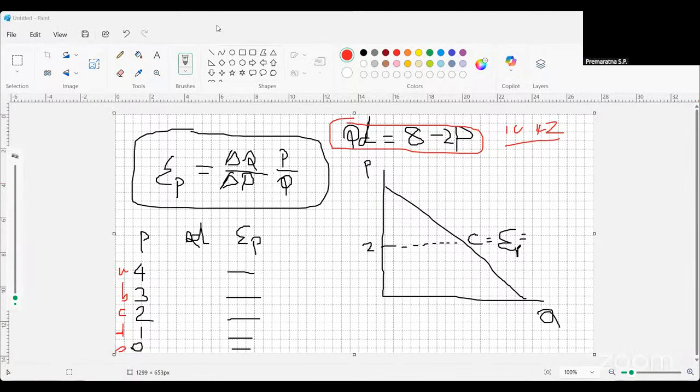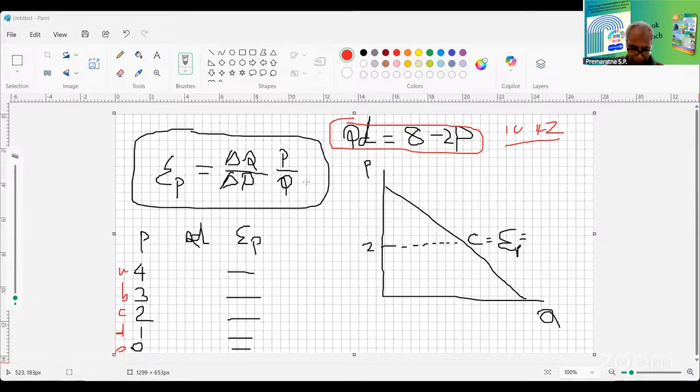What I did is estimate the elasticity at the different prices. The 4 here is in our case the maximum price, and 3, 2, 1, and 0.